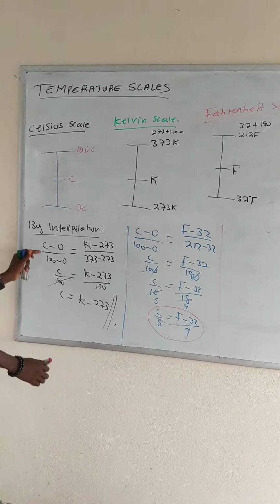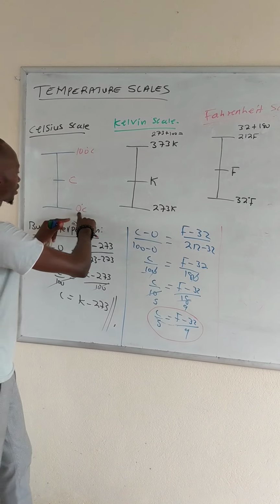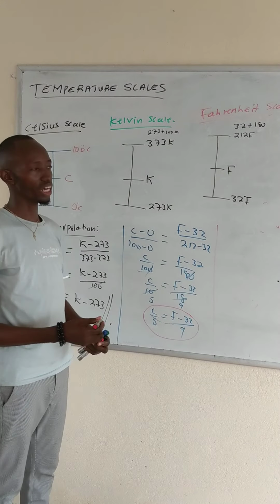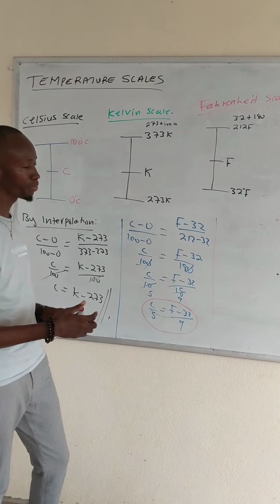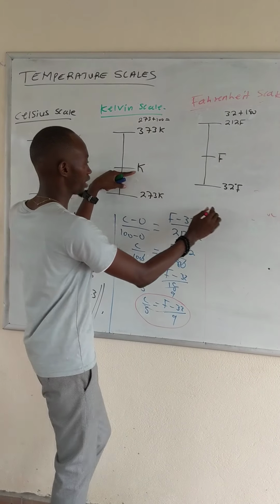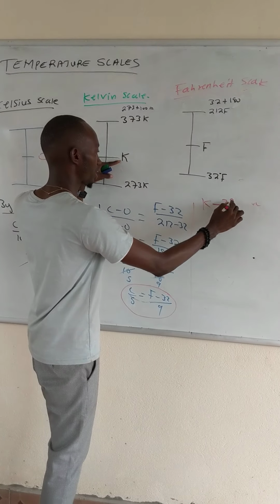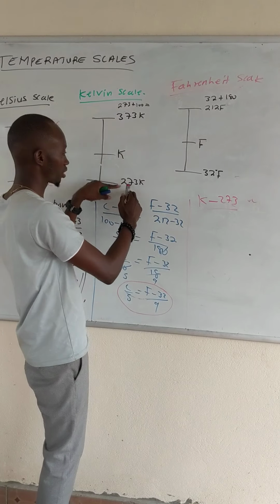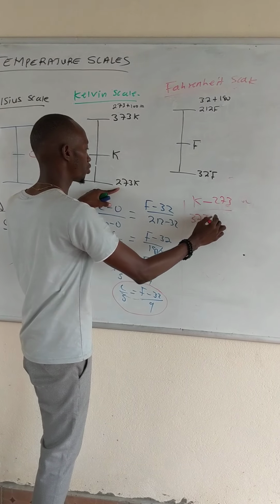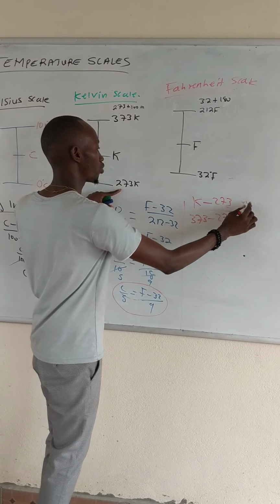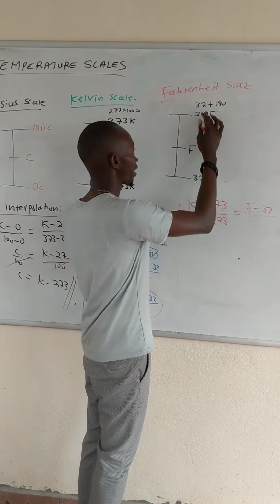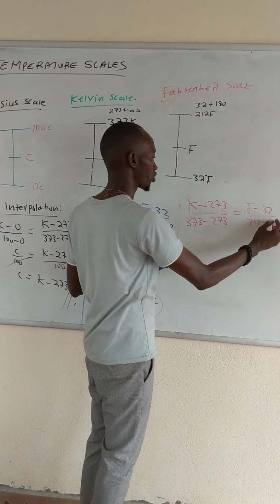Since we have captured the Celsius and the Kelvin, and the Celsius and the Fahrenheit, now the last one is to capture the Kelvin to that of the Fahrenheit. We do the same thing by interpolating. It's going to be K minus 273, divided by 373 minus 273, the upper value minus the lower value, equated to F minus 32, divided by 212 minus 32.